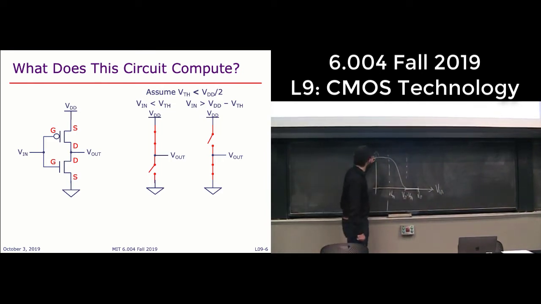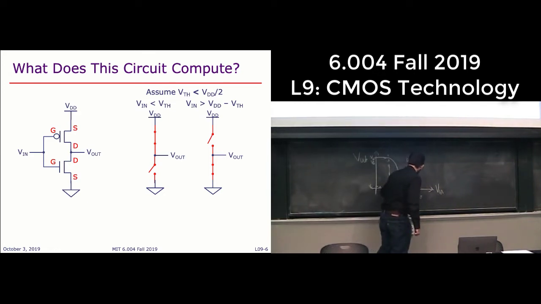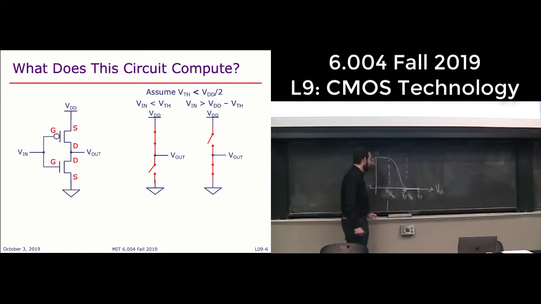So we could set VOL as almost 0 and VOH as almost VDD. And then VIL could be VTH and VIH could be VDD minus VTH. And this would give us these forbidden zones, right?